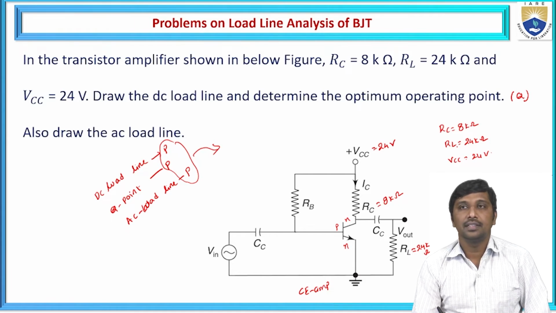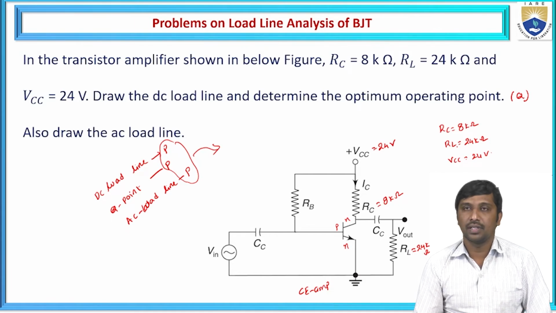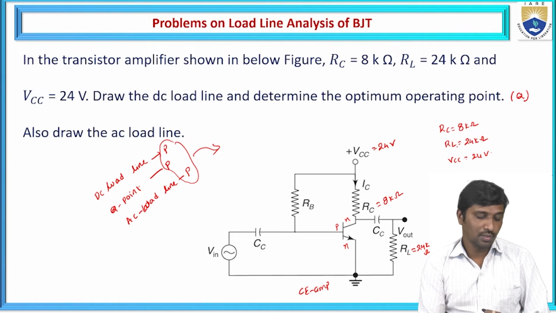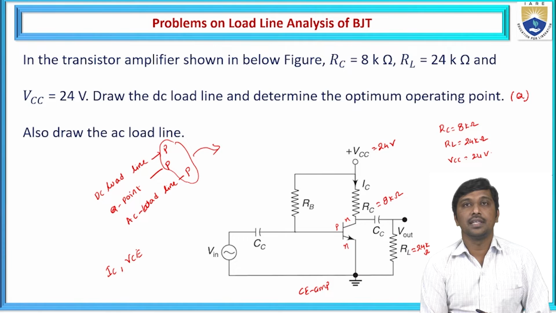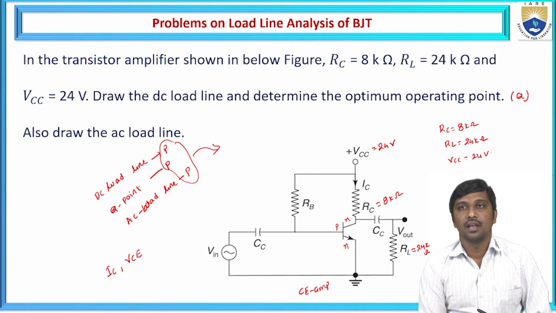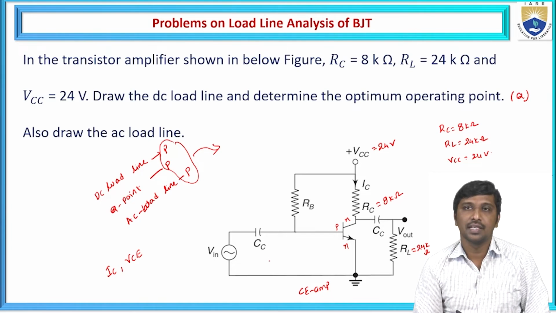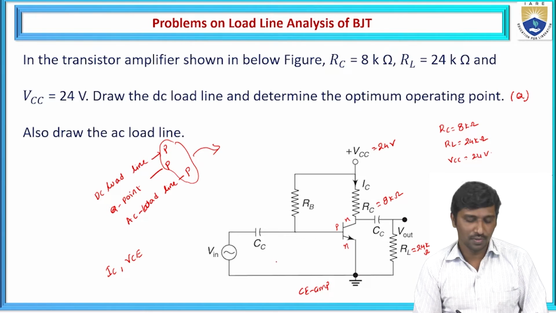To identify the DC load line conditions, the DC load line also contains the parameters IC and VCE. To identify this, we need to work in the absence of the AC signal. In the absence of the AC signal, we need to find the equivalent DC load line circuit.